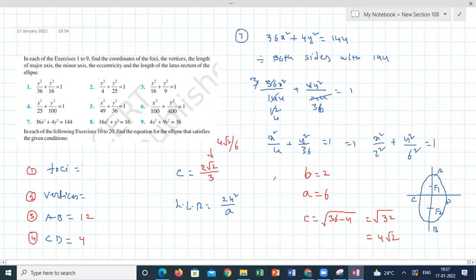Foci 0 comma plus or minus 4 root 2. Vertices 0 comma plus or minus 6. Length of the latus rectum 2 into 4 by 6, 4 by 3.